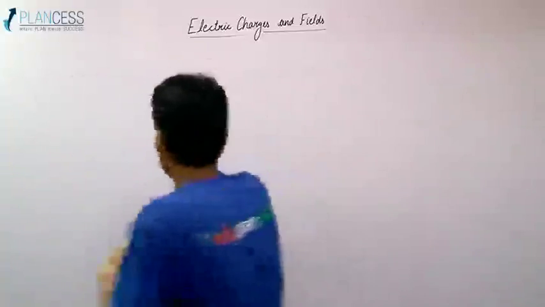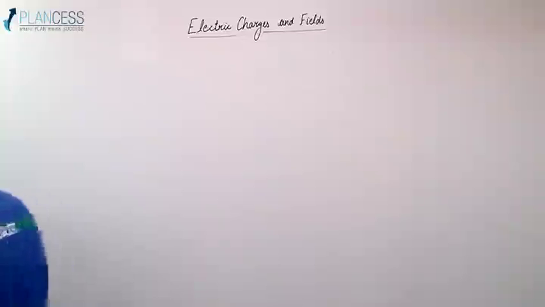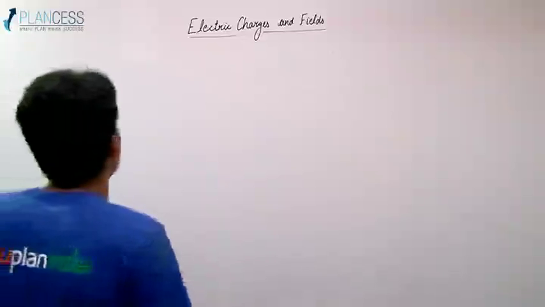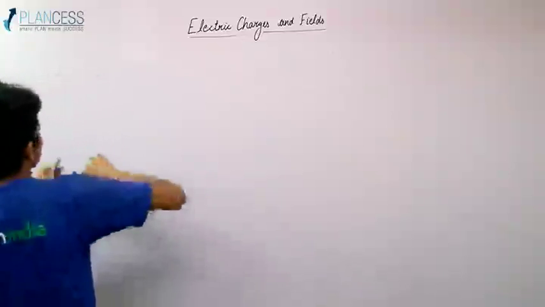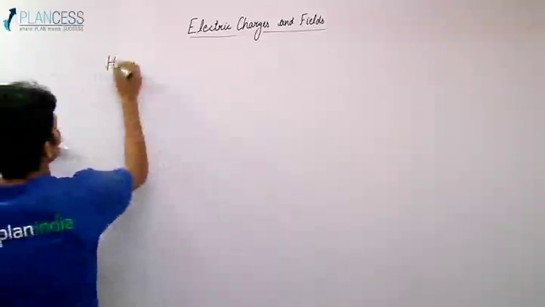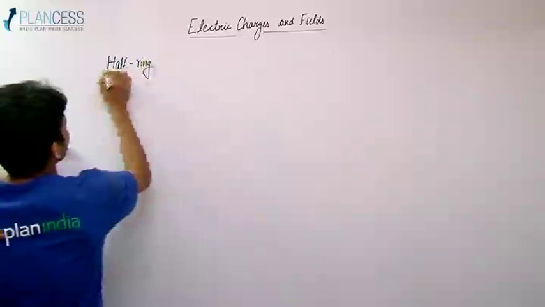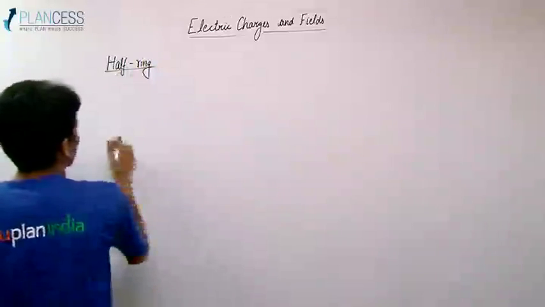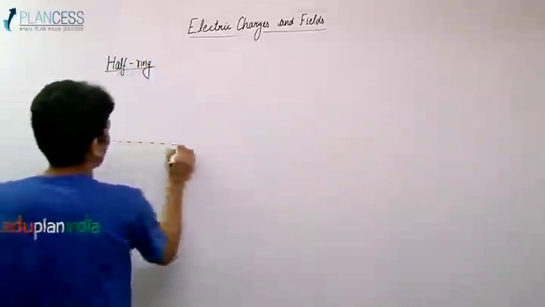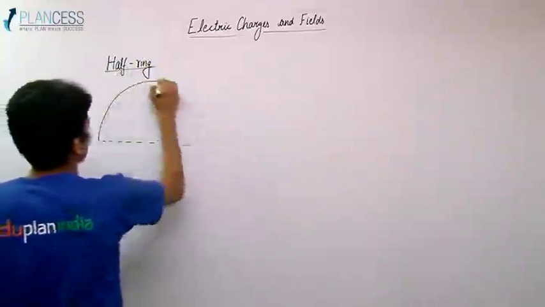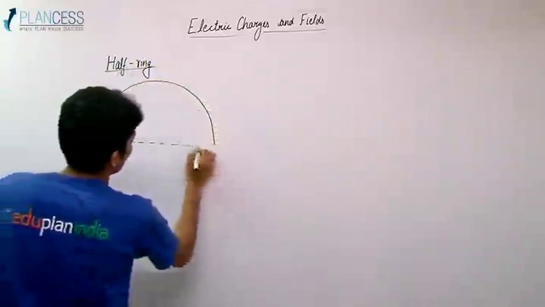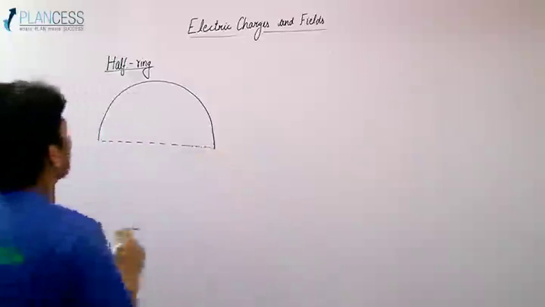Now let us find out the formula for electric field by a half ring. Let's say this is our half ring.